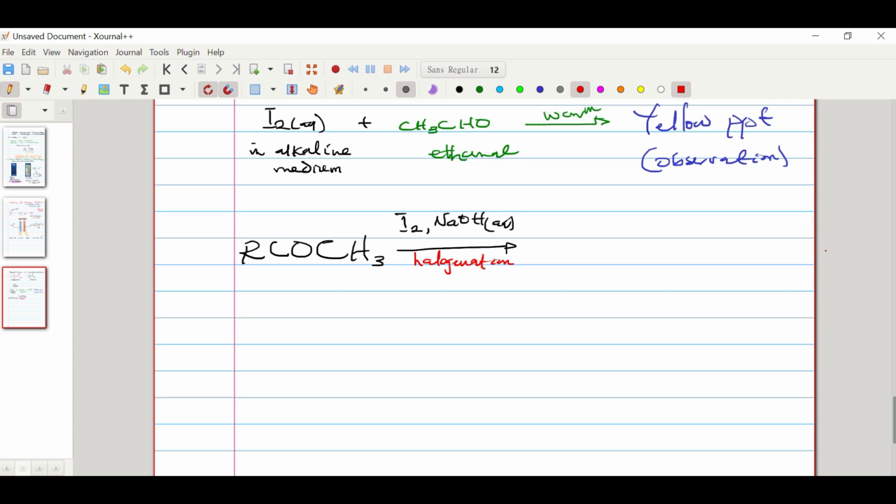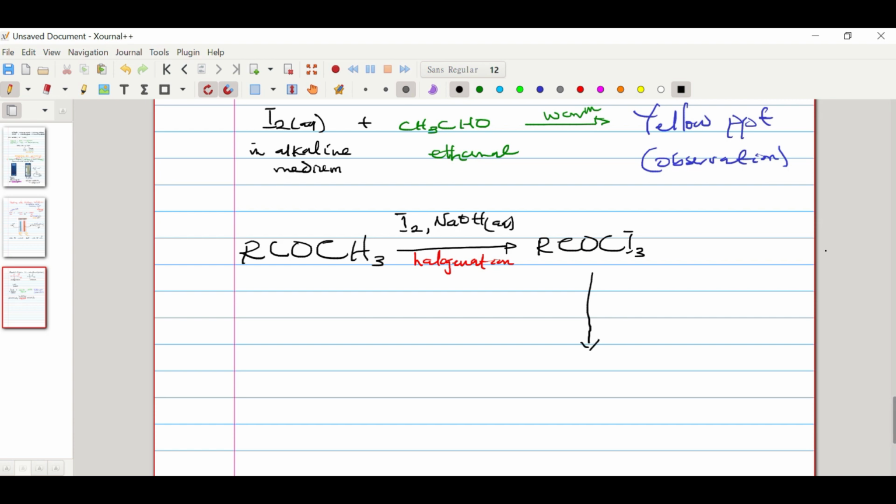We want to substitute the hydrogen atoms here with iodine. So therefore the product is going to be RCOCI3. You can see that we've substituted the hydrogen with the iodine. That is the first stage.